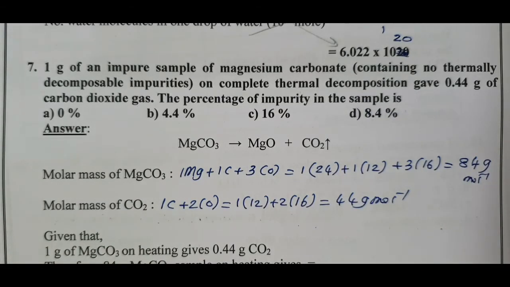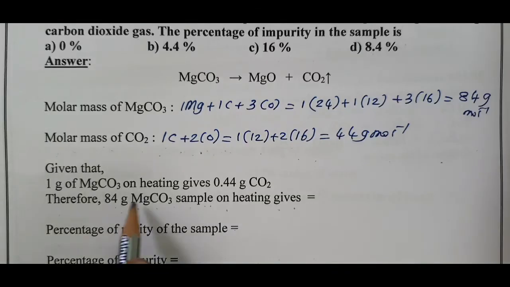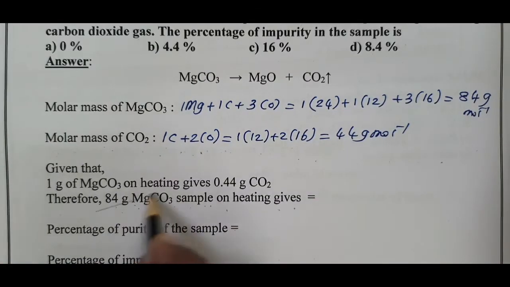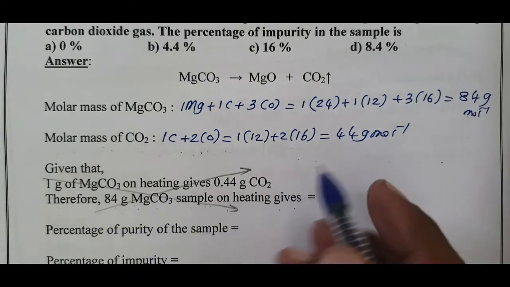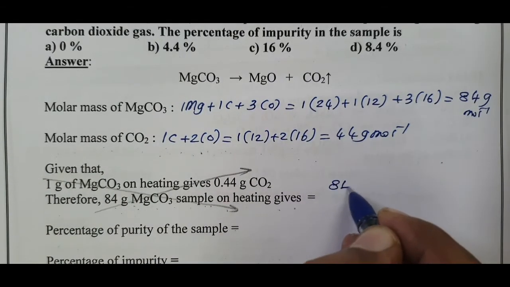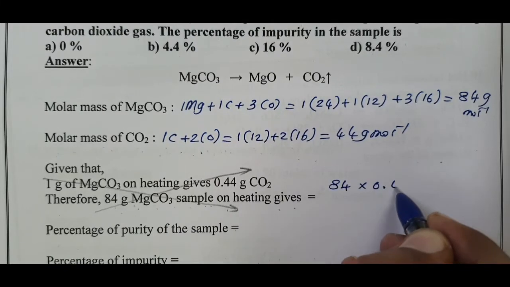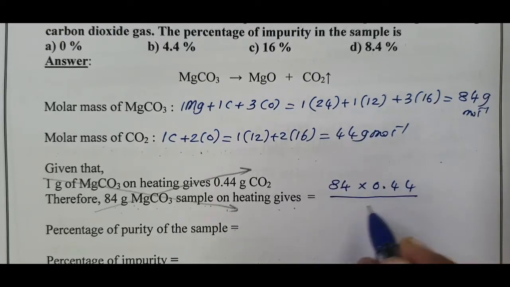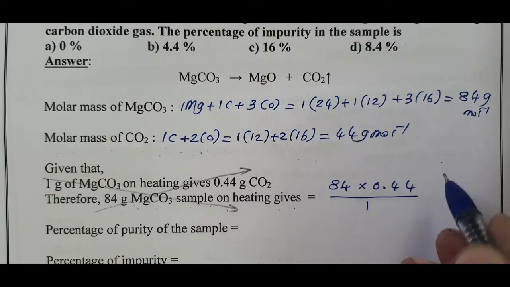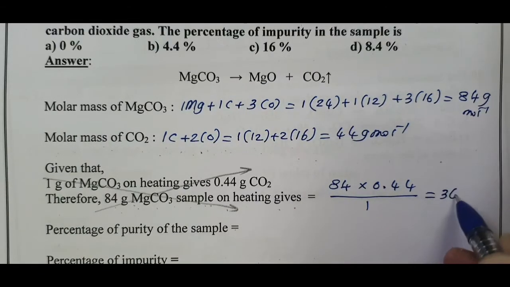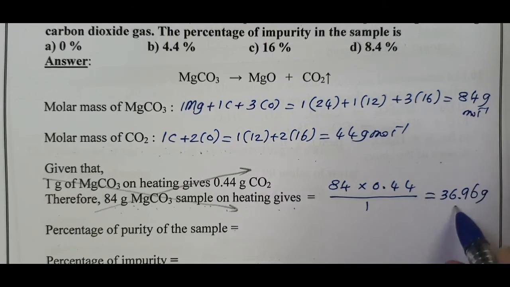Therefore, 84 gram of magnesium carbonate sample on heating gives, by cross multiplication, 84 × 0.44 divided by 1. When we multiply these two, you will get 36.96 gram of carbon dioxide.